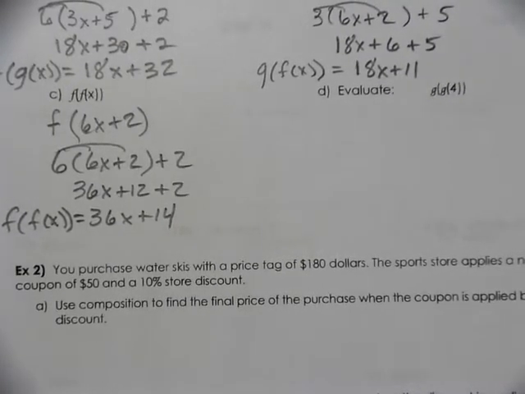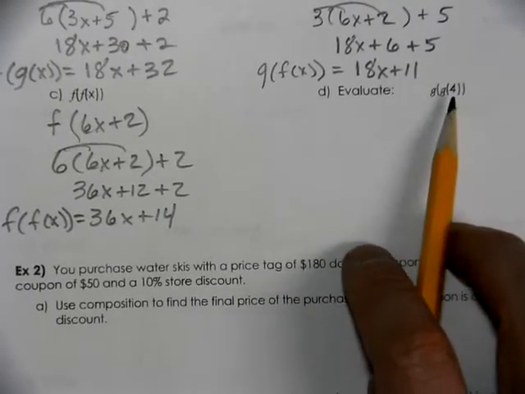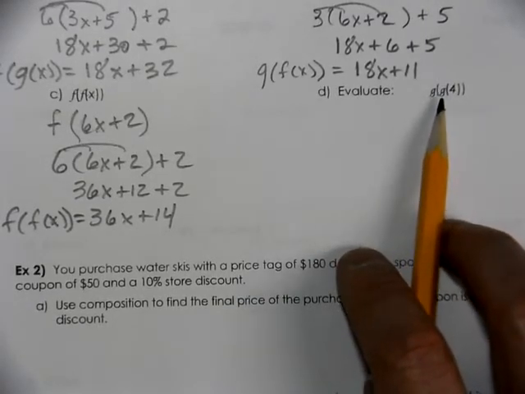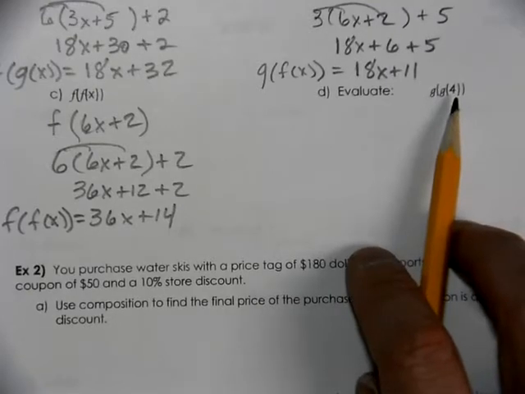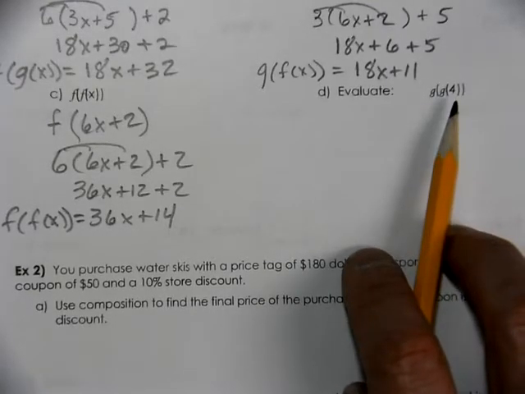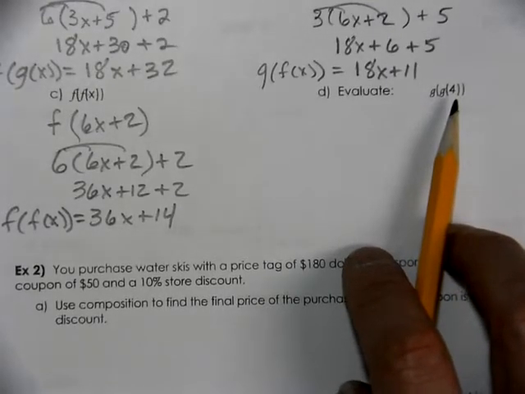Now this is a little bit different. This is g of g of 4. This has a number in place of that x value. There's actually two methods.